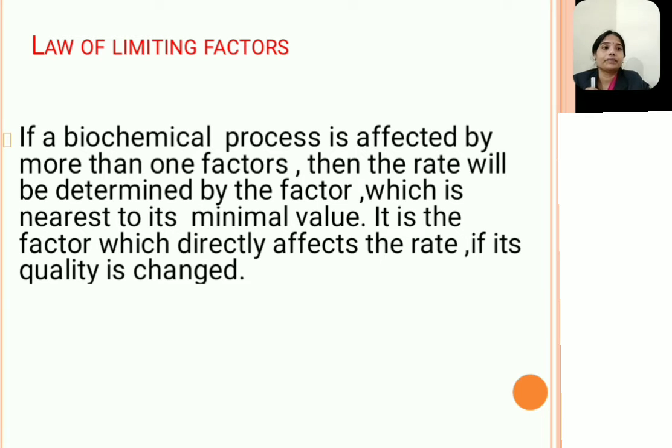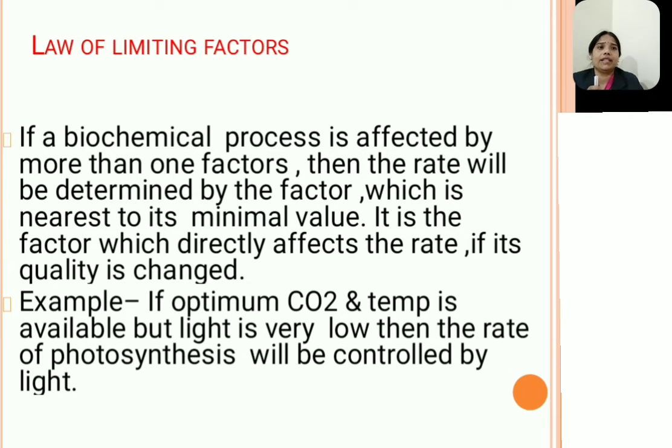For example, if optimum carbon dioxide and temperature are available but light is very low, then the rate of photosynthesis will be controlled by light. So the lowermost factor is essentially the limiting one, so this is the law of limiting factor.